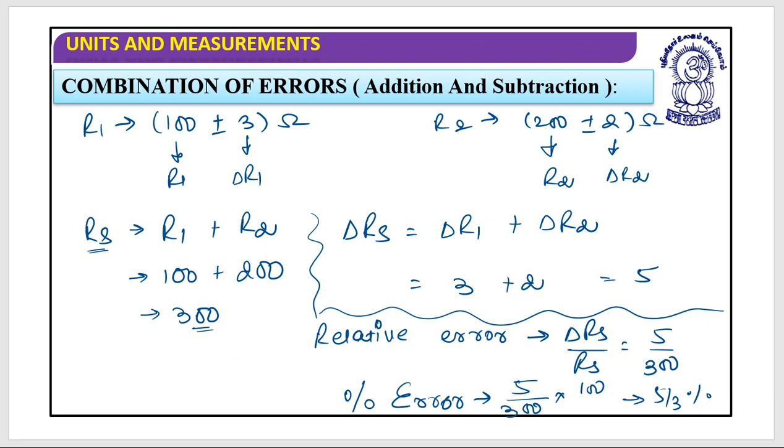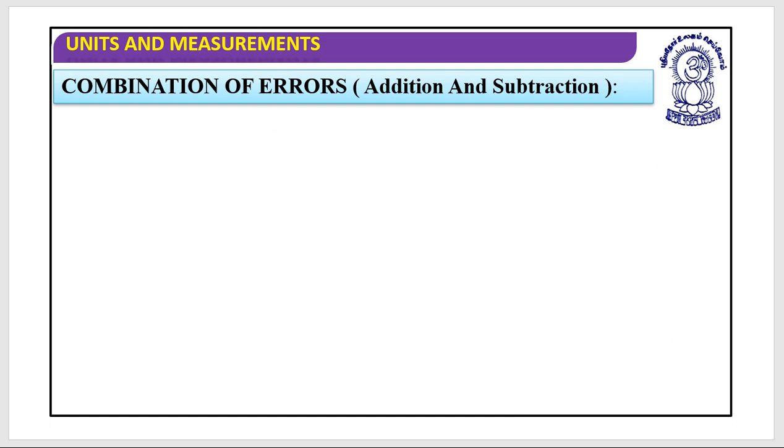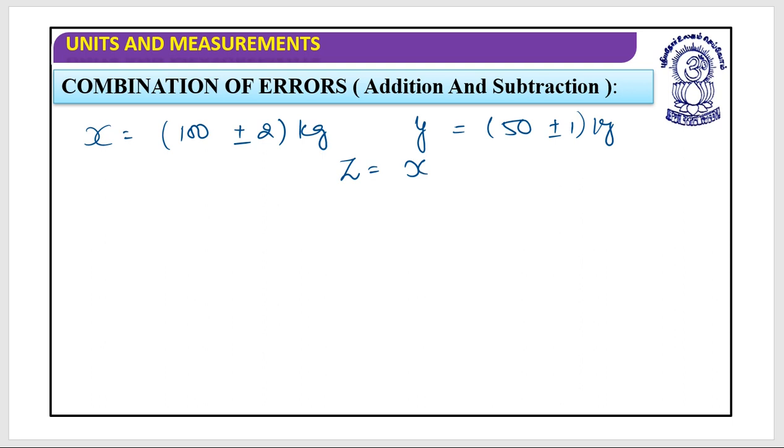Let's quickly do the last numerical of today's session. Let's say they have given x, which is 100 plus or minus 2 kg, and y, which is 50 plus or minus 1 kg, and they have asked for x minus y.